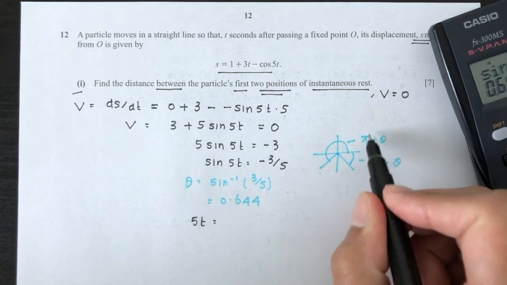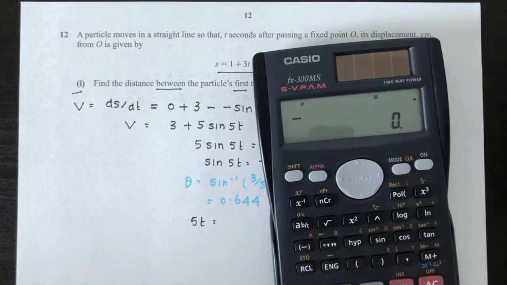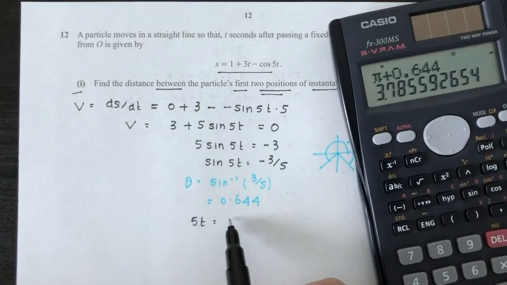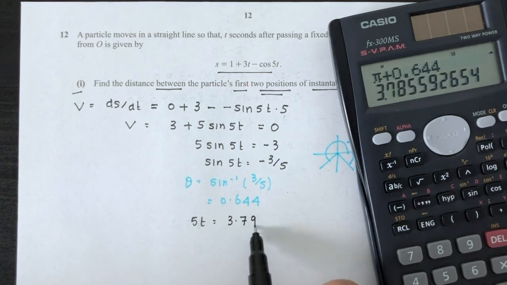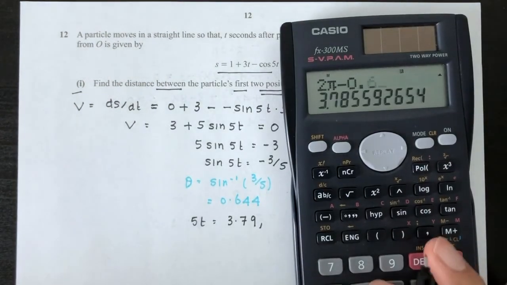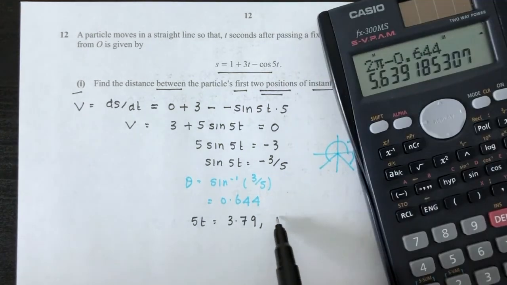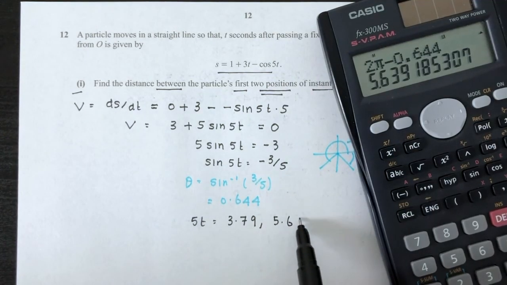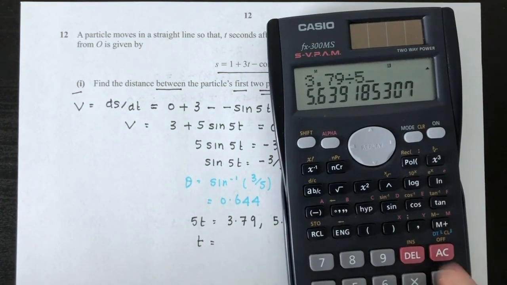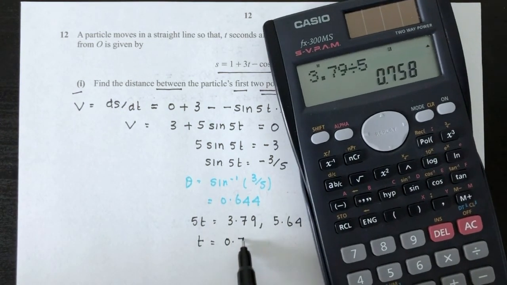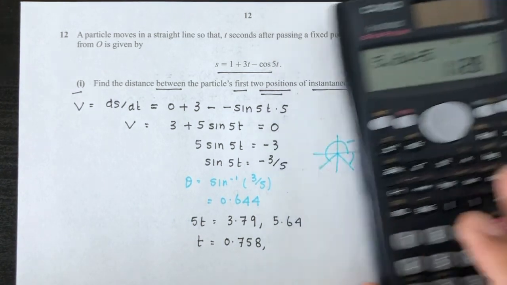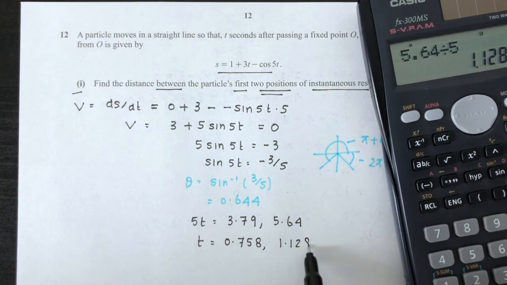Now we can find the value of 5t according to the quadrants. First one is pi plus theta. So pi plus 0.644 will be 3.79. And then 2 pi minus theta should be 5.64. Now t will be 3.79 divided by 5. That will be 0.758. 5.64 divided by 5 will be 1.128.